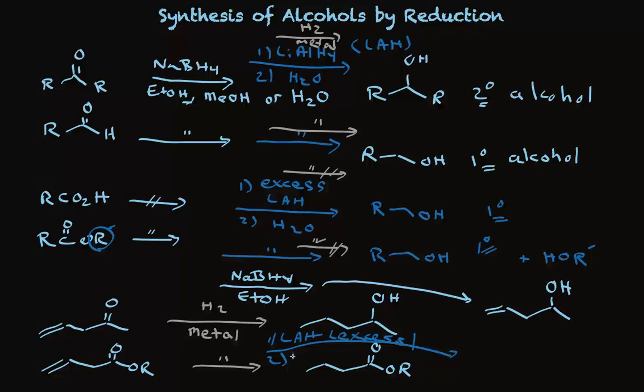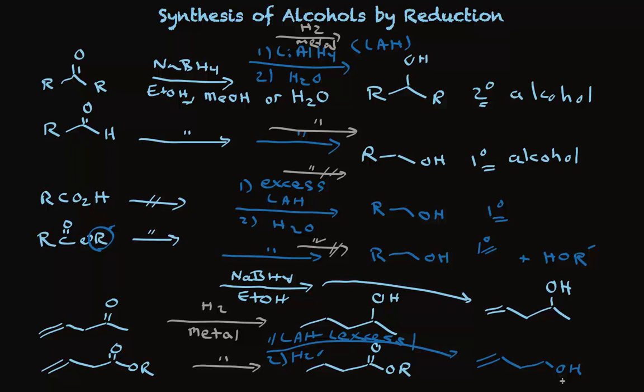And in the second step, water. And we'll make the unsaturated structure. That's a primary alcohol. So you could get the saturated ester or the unsaturated alcohol by reducing, starting with the same substrate.